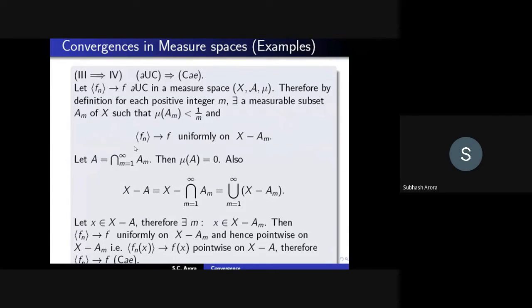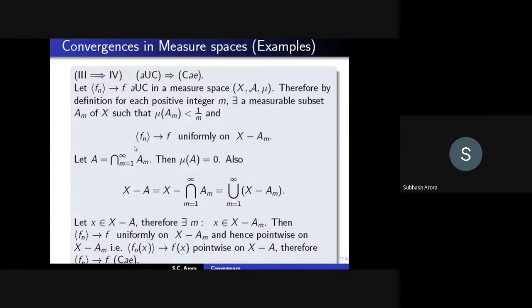Almost uniform convergence means that for each epsilon greater than 0, we can take away a subset A such that mu of A is less than epsilon and fn converges to f uniformly on its complement. This requires a little proof and a little observation, and that is how almost uniform convergence implies convergence almost everywhere.